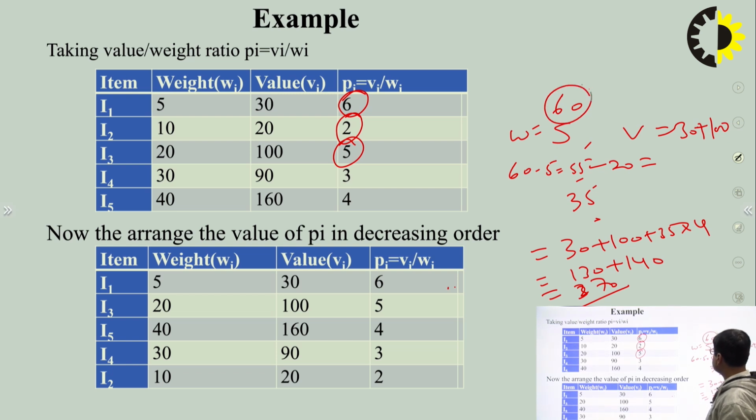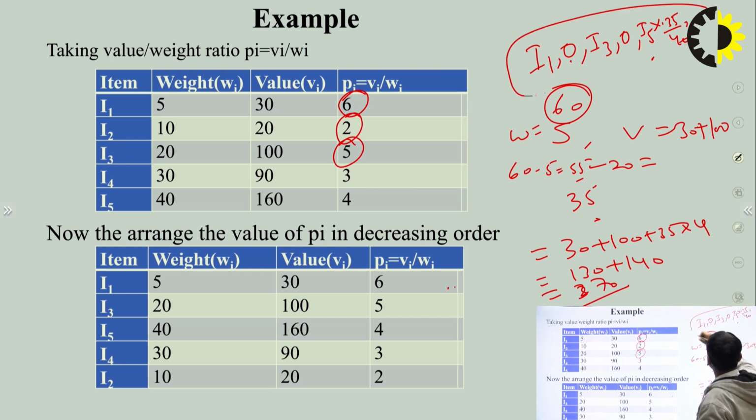So the total profit gained by applying this algorithm is 270 and the total knapsack capacity is 60. Whatever items participated: I1 completely, I2 0, I3 completely, I4 0, and I5 into 0.35, that is 35 by 40 items.